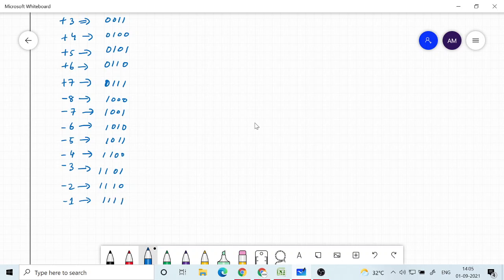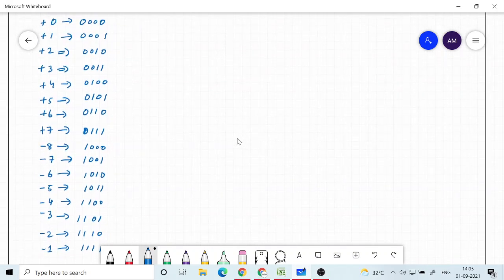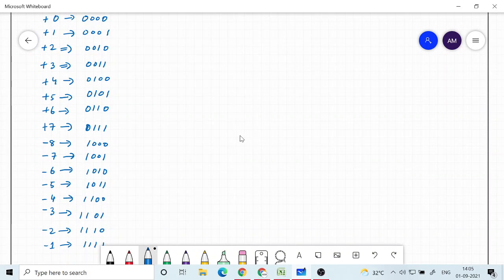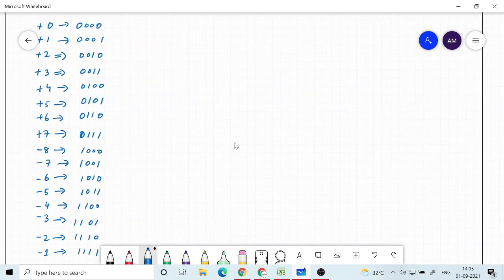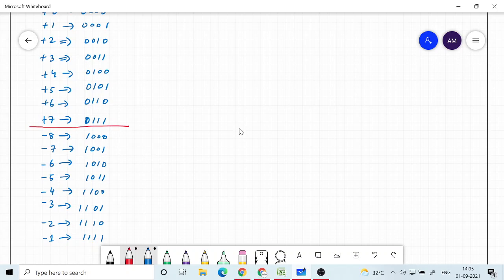So these are the 2's complement representations which are possible with 4 bits. Roughly half of them are negative numbers. Anything below here is negative, these combinations represent negative numbers, and what is above, they are positive.